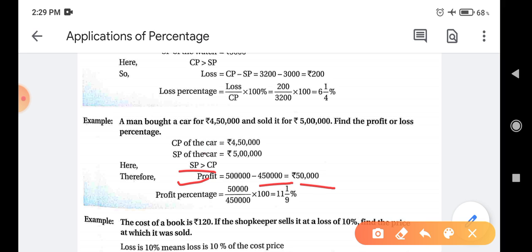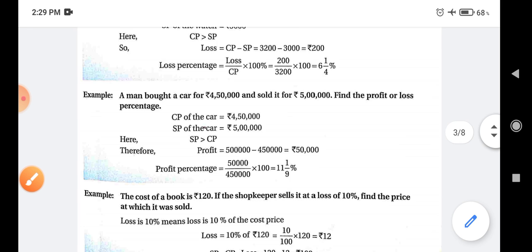So it is the amount of profit. Now we have to convert profit into profit percentage. Then it will be 50,000 over CP, which is 4,50,000, multiply 100%. Then it is 11 and 1 by 9%.